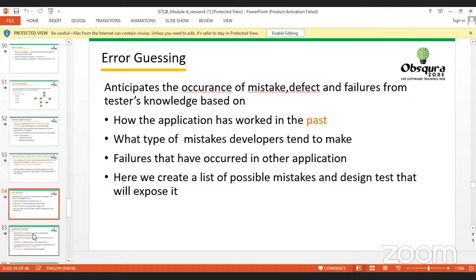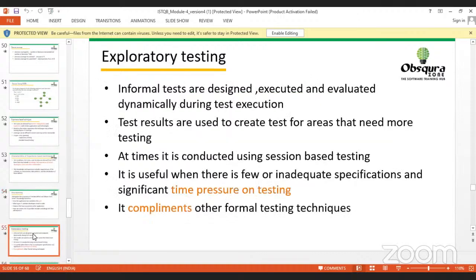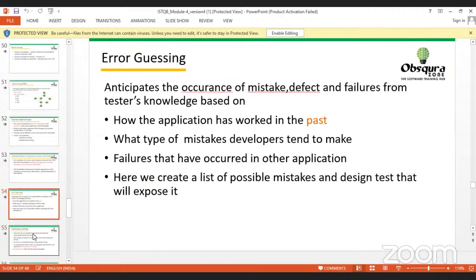So based on the failures you have faced in the other application, you can anticipate the failures of this application also. Here we create a list of possible mistakes and design tests that will expose them. You create a list of all these mistakes and design the test cases based on that. That is error guessing.